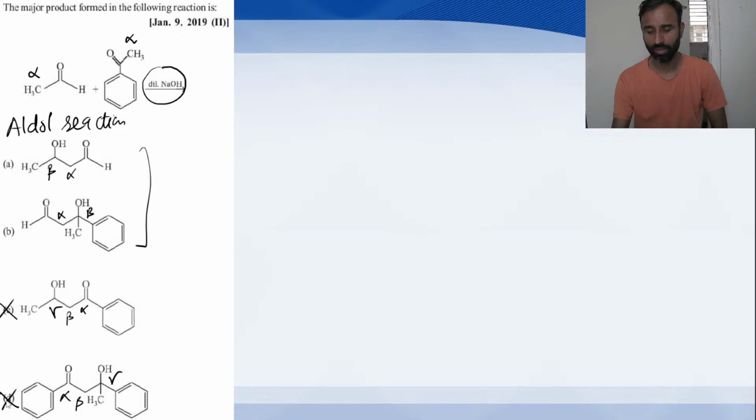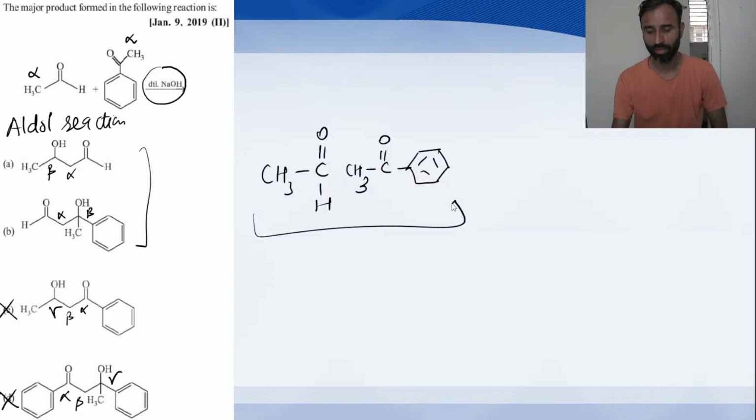Now let us say in the first case CH3 C=O H, and the second one is a benzene ring C=O CH3. So one is acetaldehyde and the other is acetophenone.